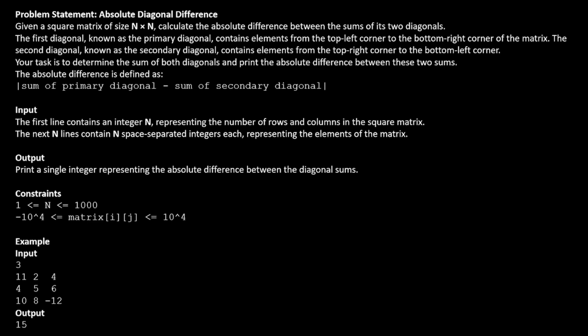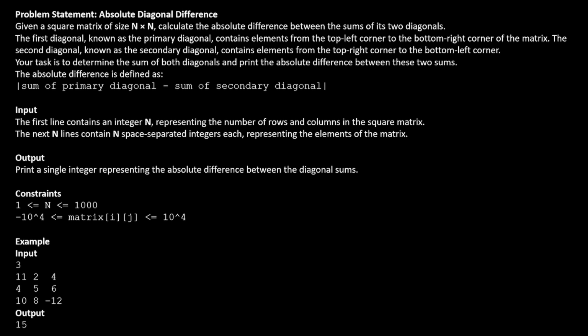So the actual problem statement says: given a square matrix of size n cross n, calculate the absolute difference between the sums of its two diagonals. The first diagonal, known as the primary diagonal, contains elements from the top left corner to the bottom right corner of the matrix. That means it is the primary diagonal.